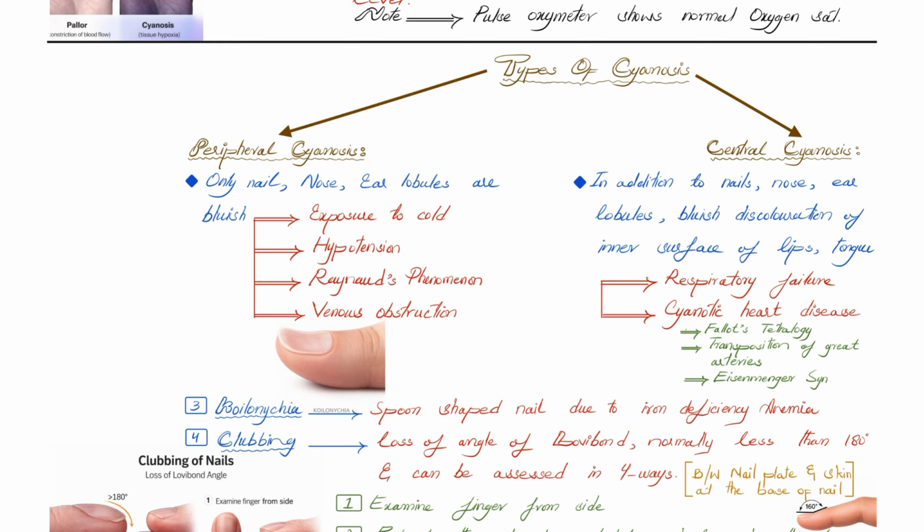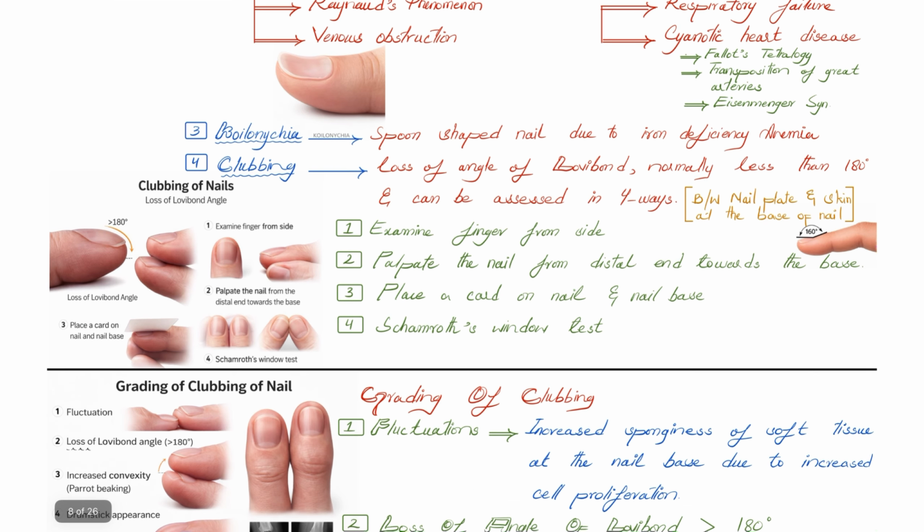And it can be because of respiratory failure and cyanotic heart disease like tetralogy of Fallot, transposition of great arteries, and Eisenmenger syndrome.